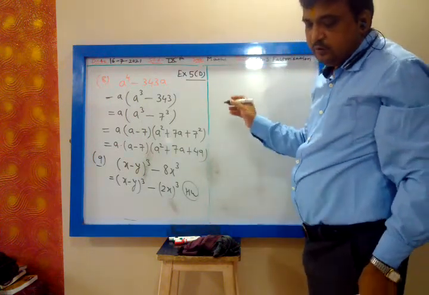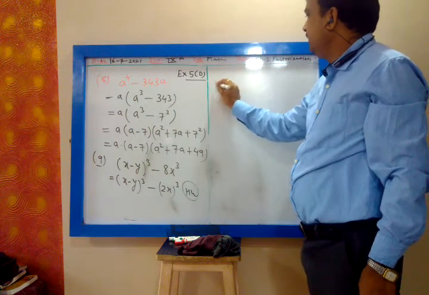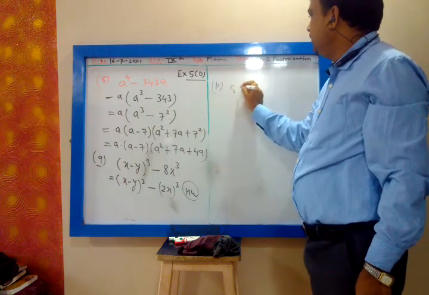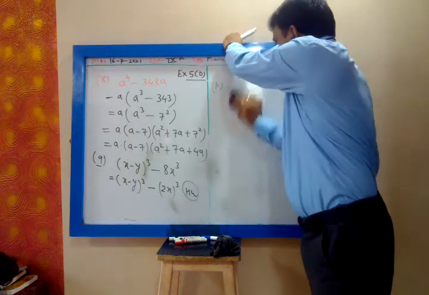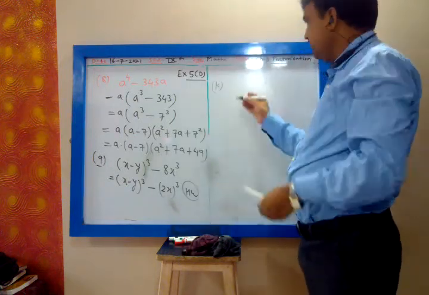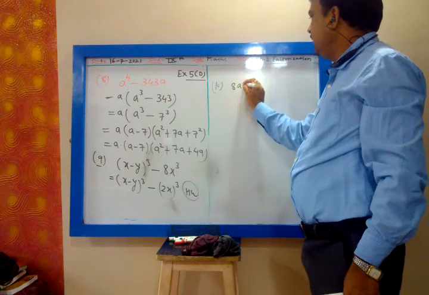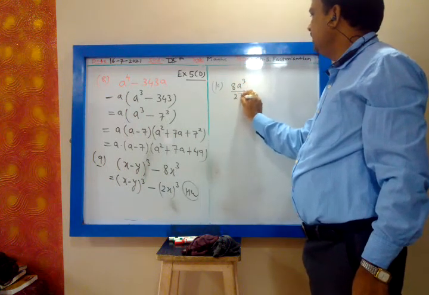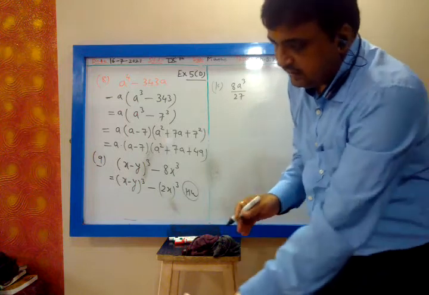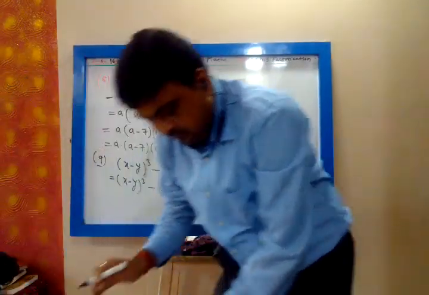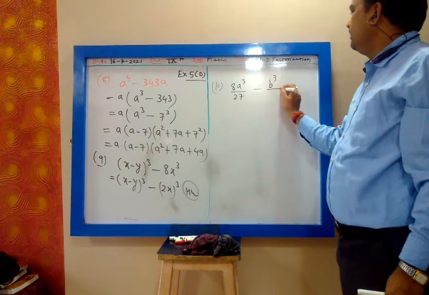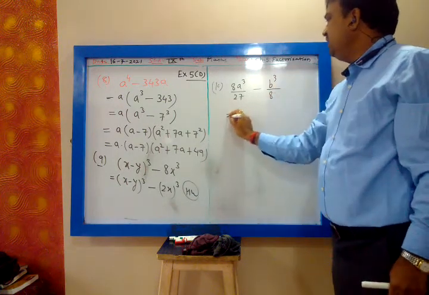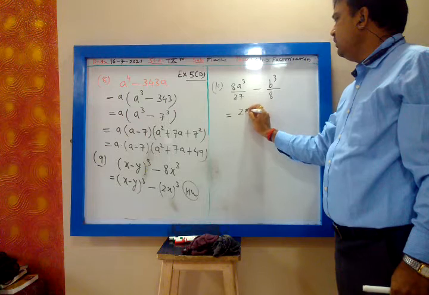Then the 10th one: 8a cube upon 27 minus b cube upon 8. So this you can write: 8a cube, you can write 2a whole cube.